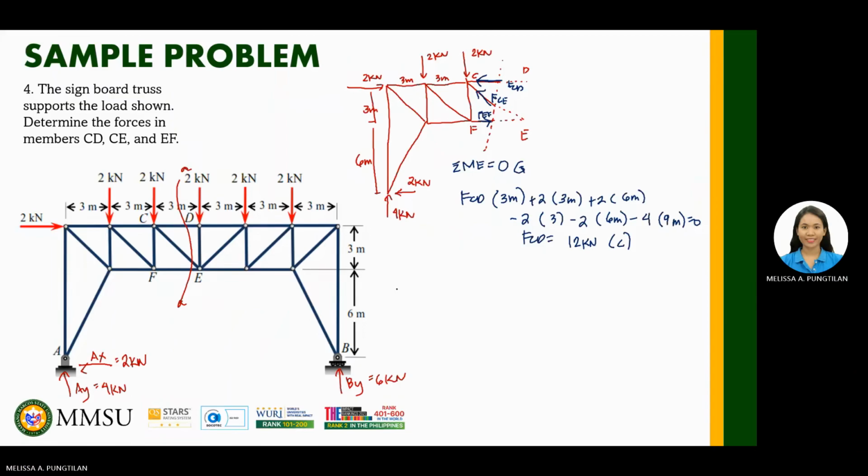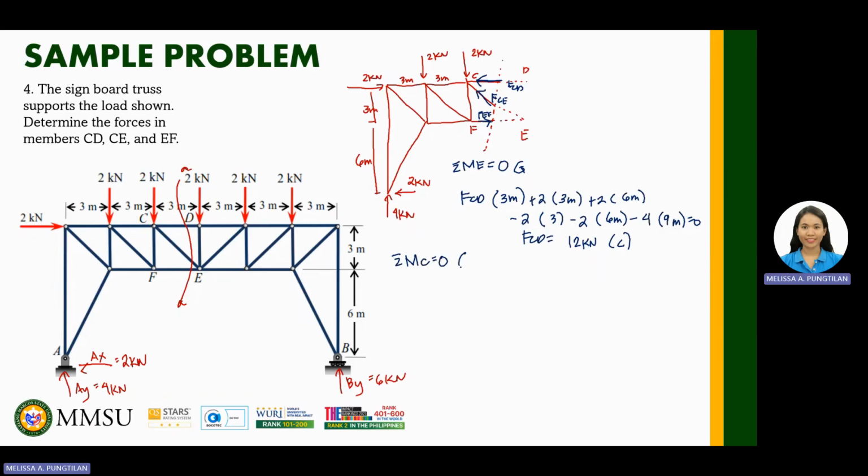Next, summation of moment. Okay, so dito, magsa-summation of moment ulit tayo, no? Summation of moment at, again, CD, okay na tayo. So, CE and EF na lang. So, summation of moment at point C. Okay.